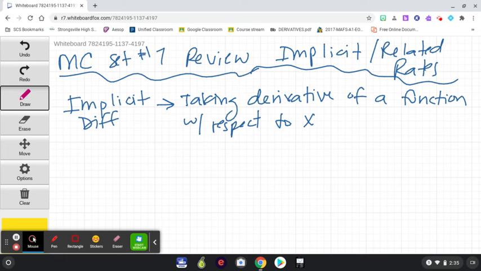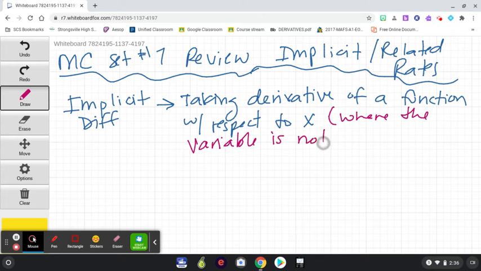I know, we always do that, right? But the caveat here is that the variable you're taking the derivative of is not x. So I'm taking the derivative of a function or a variable with respect to x, but the variable is not x itself, okay?